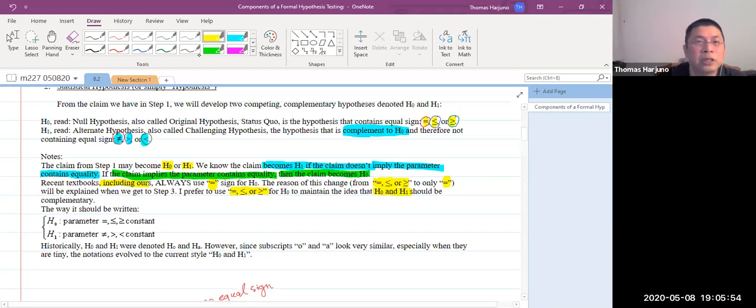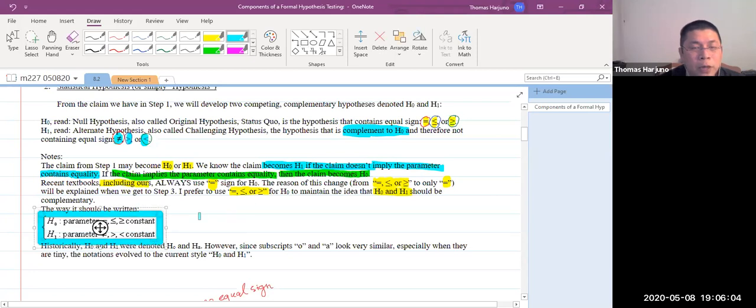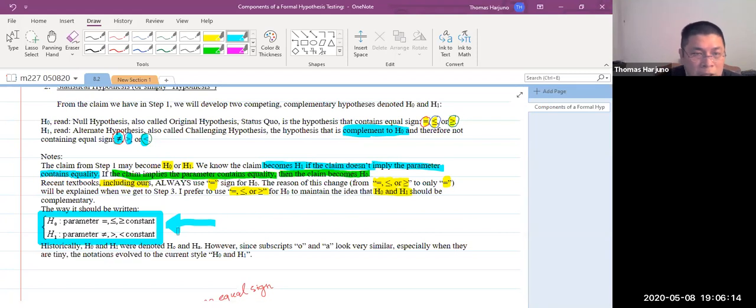Now you will see that our hypothesis should be written in this form, at least the ones we have in this section. You use a left brace here, and then the hypotheses are written on top of each other, with a colon and then the parameter.